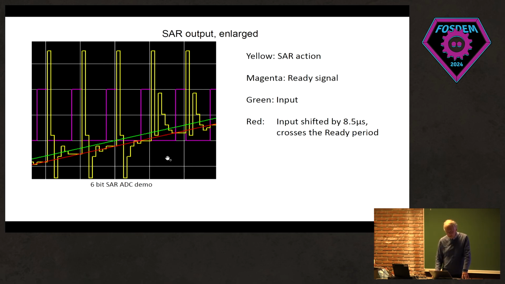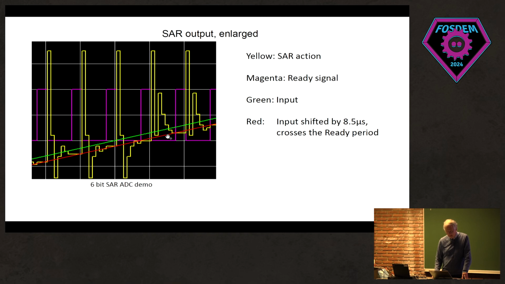You see the successive approximation. This is the ramped input voltage, and the x-axis is time. And this is a new start. You try to get the value of this point here. It starts with the starting value and then successively approximates the input.